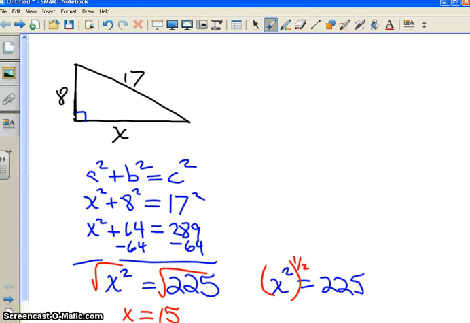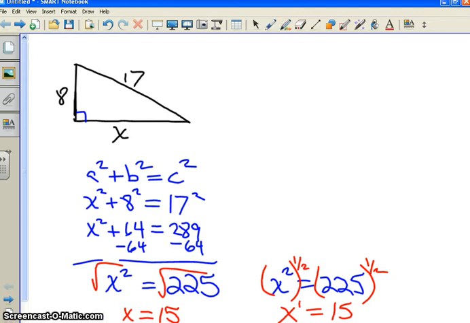And whatever I do on the left, I do on the right. We already know on the right, 225 to the 1/2 power, or the square root of 225, is 15. On the left, though, notice when I raise the 2 to 1/2, we have our power to a power rule, which says I'm supposed to multiply 2 times 1/2, which would give me 1. And x to the first is equal to 15.